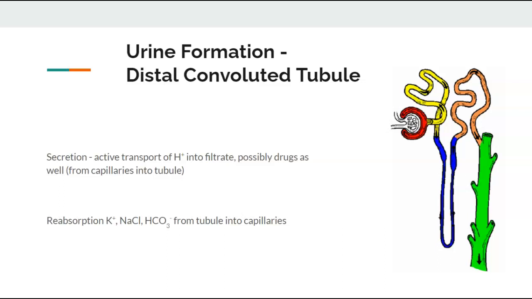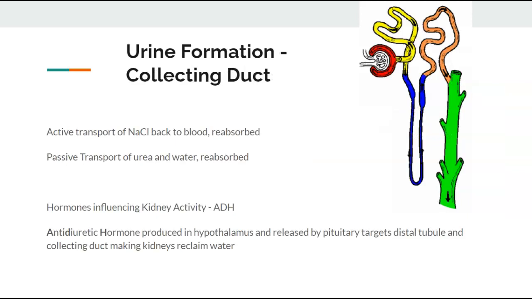So again, it's just secretion and reabsorption. That's what this whole thing is. And then the collecting duct is active transport of salt back to the blood, reabsorbed, and passive transport of urea and water, again reabsorbed. And again, as a reminder, urea is the nitrogenous waste.